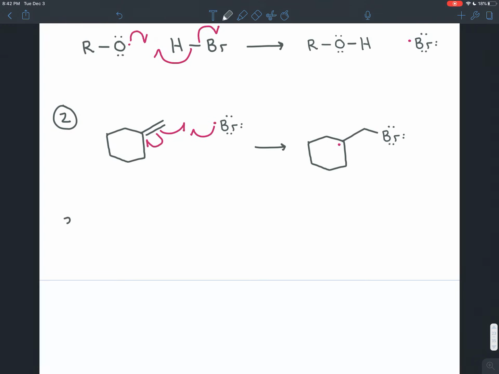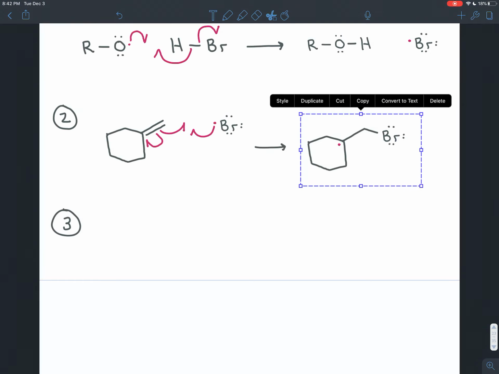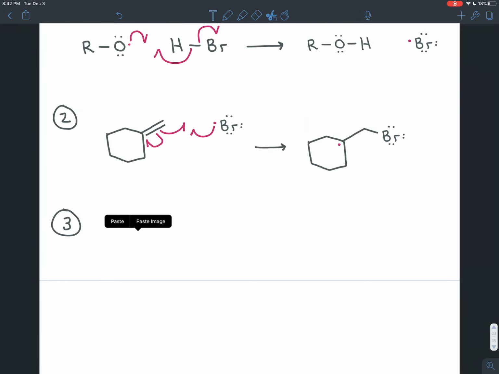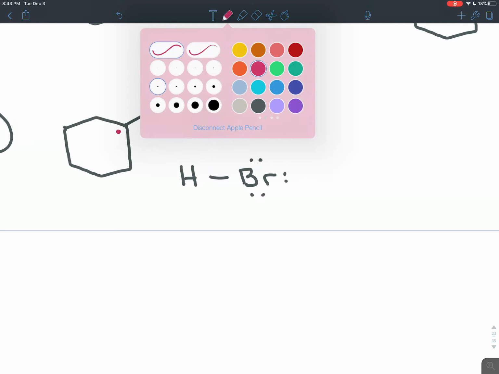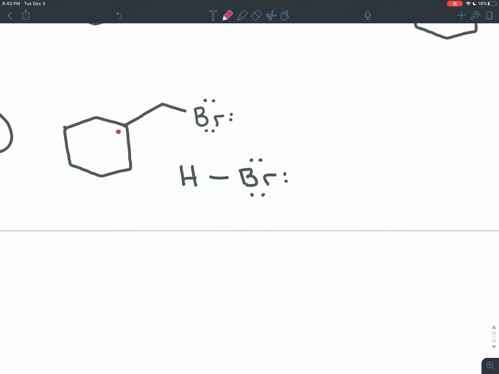Then we have the third propagation step. In the third propagation step, we take the radical we formed in the second step, and we react it with a second molecule of HBr. So the one radical we have here, this unpaired electron, is going to rip a hydrogen off of this molecule. It's going to form a new bond to the hydrogen.